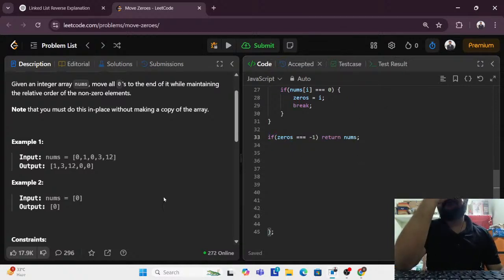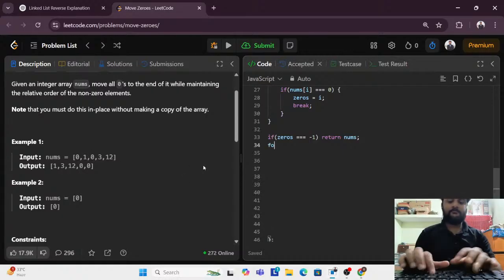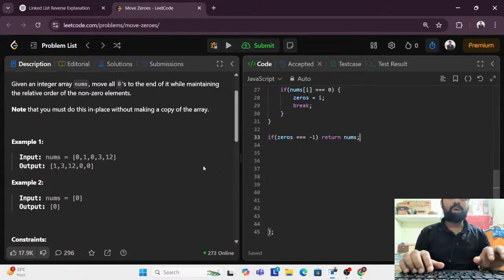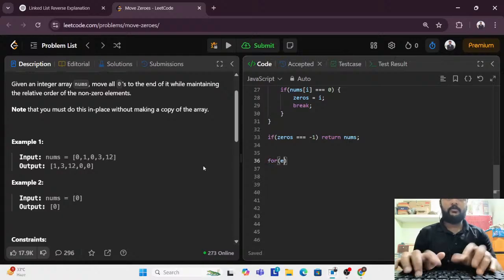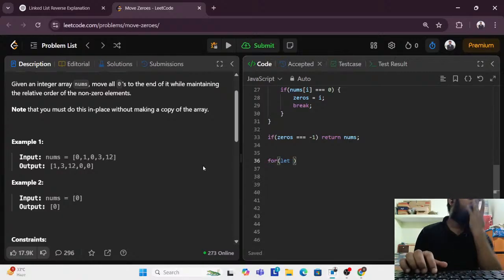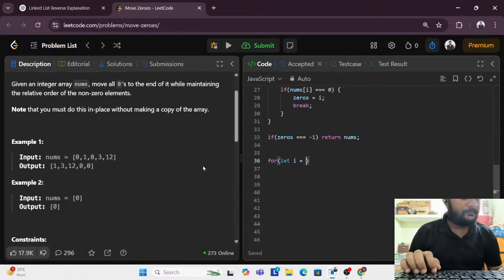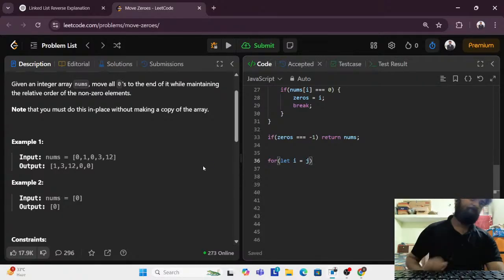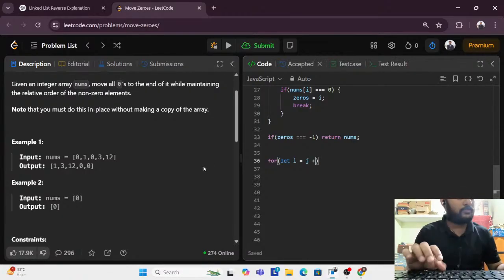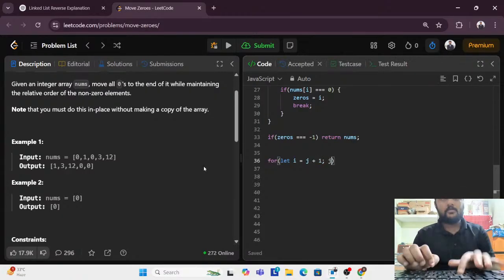Let's say if we find one over here, we check this loop again for let i equal to, let's start from this j. No, j plus 1 actually. i less than nums.length, i plus plus.